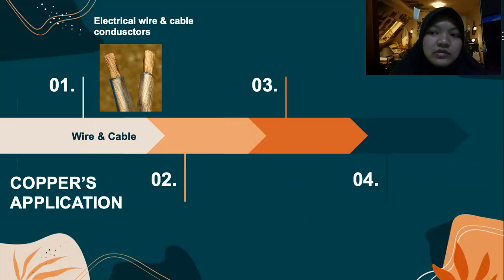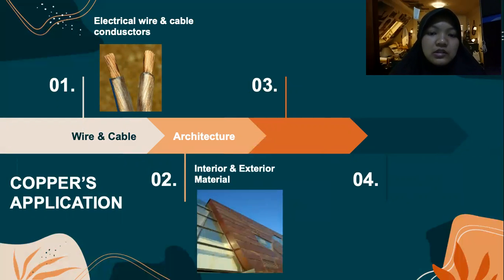This is usually used in power transmission, electronic circuits, and so on. Number 2, architecture. Copper is used in interior and exterior materials because it has some characteristics, which are corrosion resistance and weatherproofing.